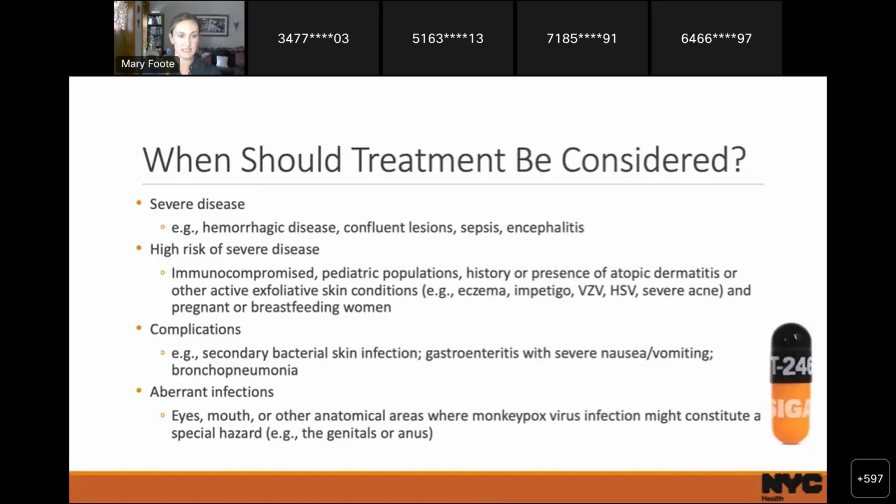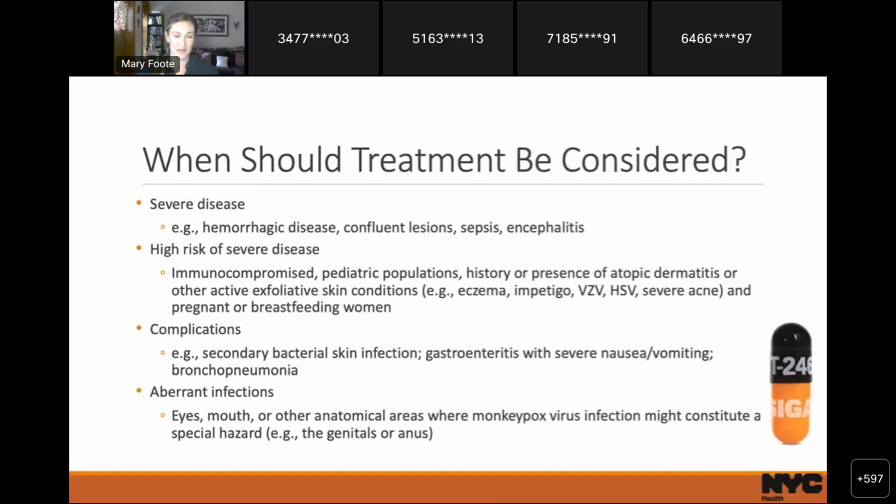Some complications, if they have more complicated disease, for which we are working on more formal criteria: when we're seeing secondary bacterial skin infections, gastroenteritis with severe nausea and vomiting, bronchopneumonia, or other central nervous system symptoms, we would certainly want to be proactive about treatment.